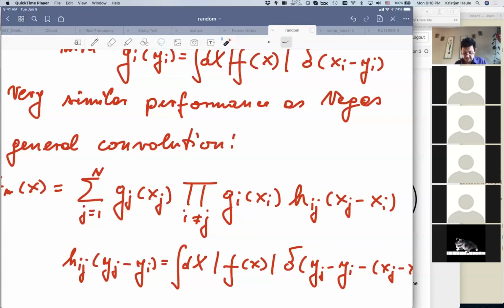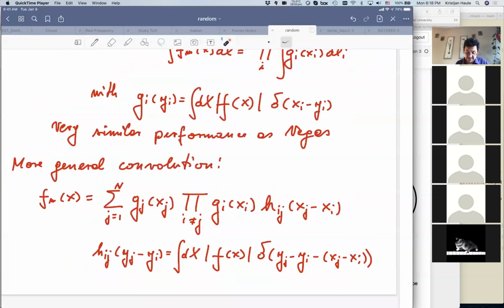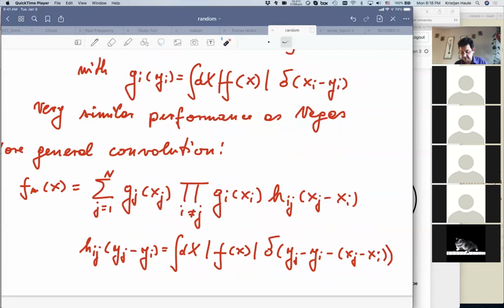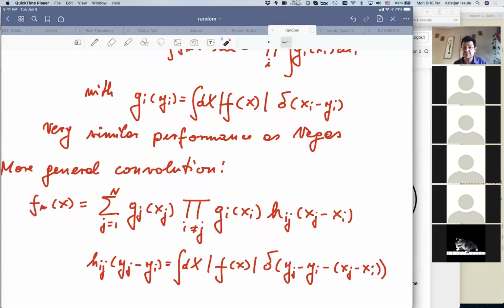So therefore, if you choose a function like that with convolution, and it turns out that this function fm is still normalizable, then because it's normalizable function, we can use exactly the same algorithm as before. But then you might ask a question: what is this hij?